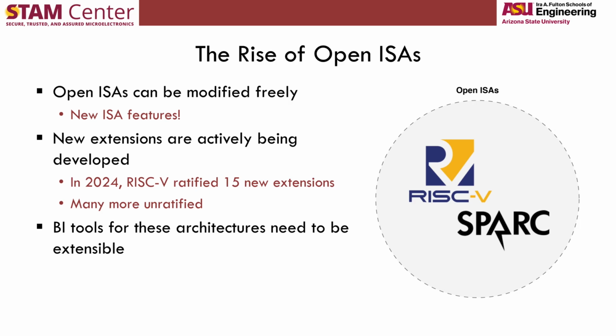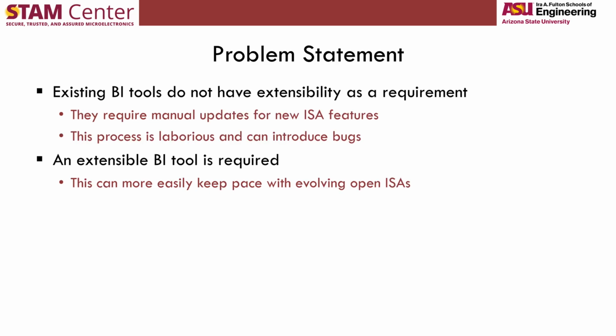And when we consider all this, it brings about a new requirement for binary instrumentation tools for such architectures. And that is, the binary instrumentation tool needs to be extensible to account for the new extensions that are developed for such ISAs. And that brings us to our problem statement. So these existing binary instrumentation tools were not developed with the extensibility feature as their core requirement.